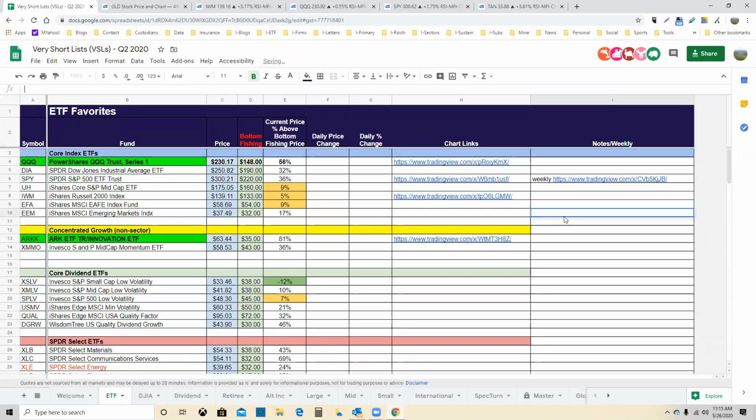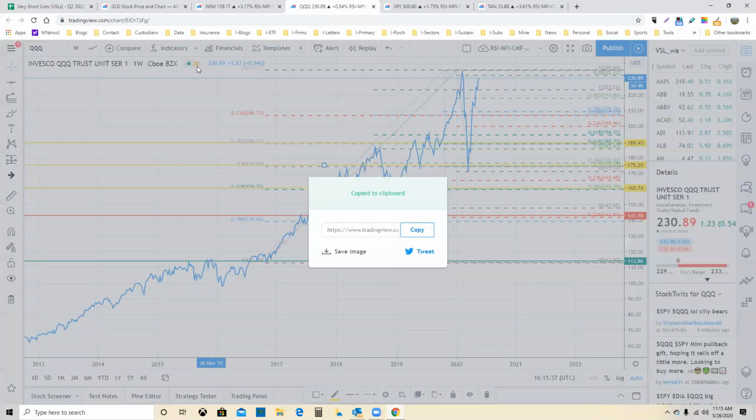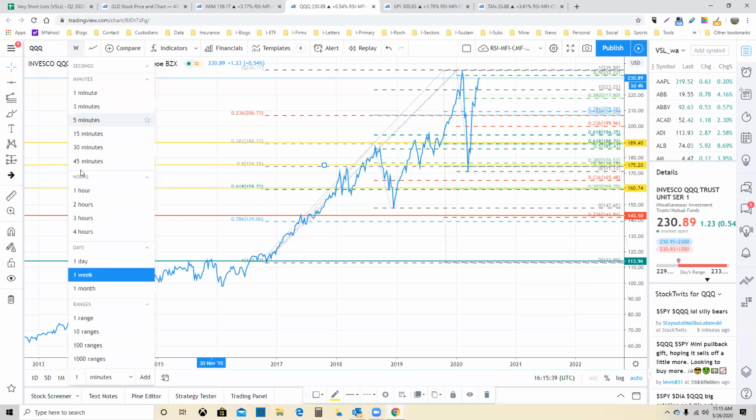How's that? Weekly charts be in that column. Change it to a daily now.